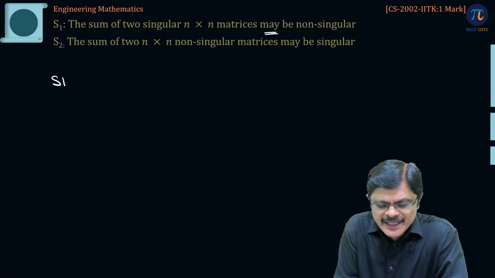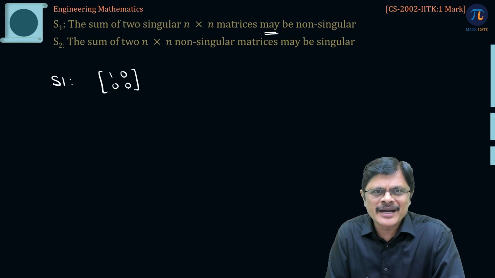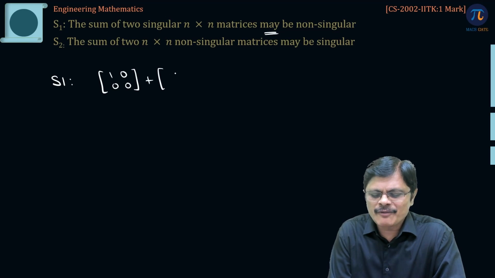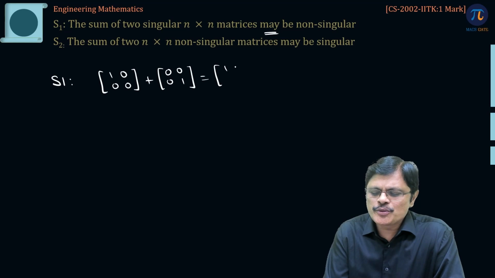So for the first statement, I just give one example. Consider this matrix. The determinant of this matrix is 0, so it is singular. Consider one more, 0, 0, 0, 1. This is also a singular matrix. But the sum of these two matrices is identity.